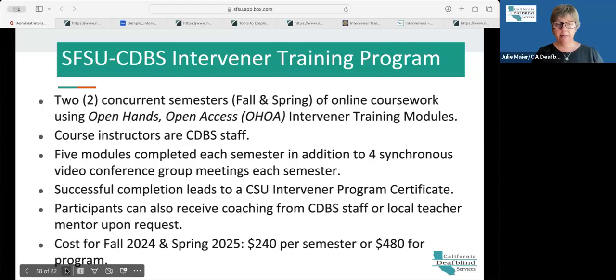Additionally, any participants who are interested can ask for coaching that we can provide, or a local teacher mentor who lives in your area could provide upon request. And that will be either virtual coaching or perhaps some on-site opportunities to come and see this candidate using some of the skills they've learned in the training with the student they're working with.